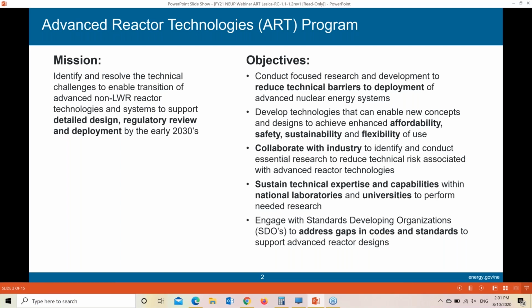The objectives on my slide list all the things that need to be done in order to meet this mission.